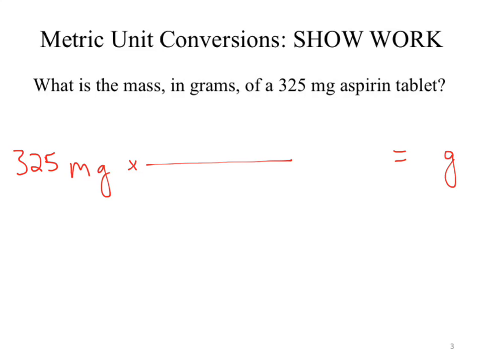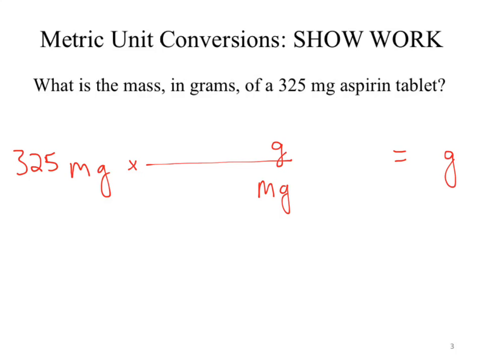Within that conversion factor, we need two places to identify, our numerator and our denominator. Which do you want to look at first? Numerator. What unit should show up in our numerator? Why grams? That's what we're trying to get to. Okay? What unit should show up in our denominator? Why milligrams?